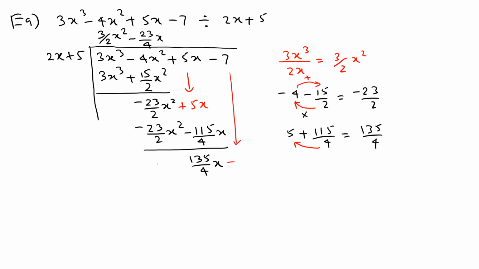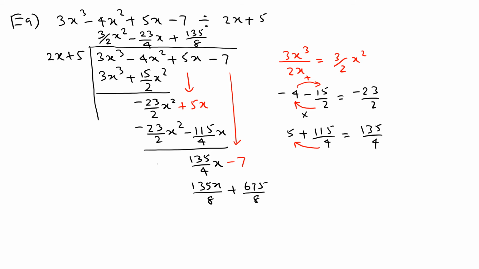So negative 7. Now you can see again what is missing is 135 over 8. That's the next term that goes here. So plus 135 over 8. And then when you multiply, that's going to match 135x over 8. And you can see that here you're going to get 675 over 8.